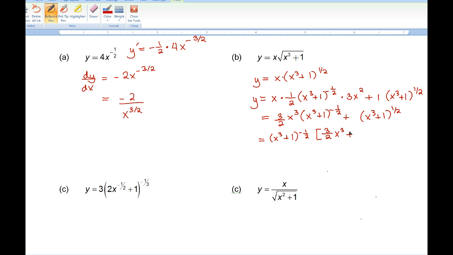What do I get when I factor that out? I don't remember. Let me just explain. When I factor something out, it means I'm dividing the terms by that. Imagine x cubed plus 1 to the negative 1/2.